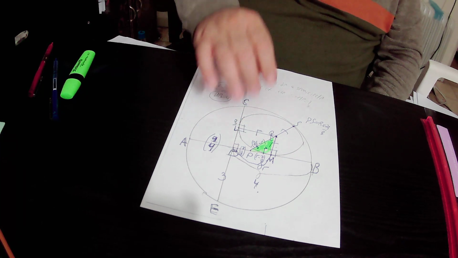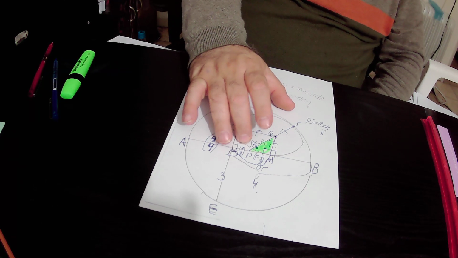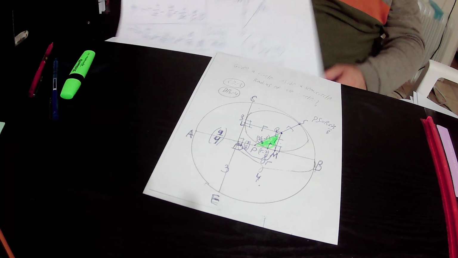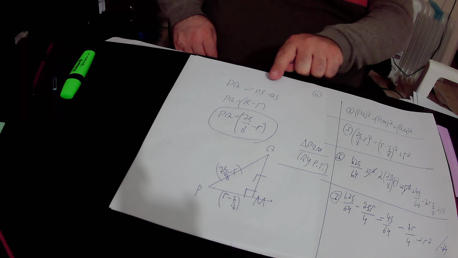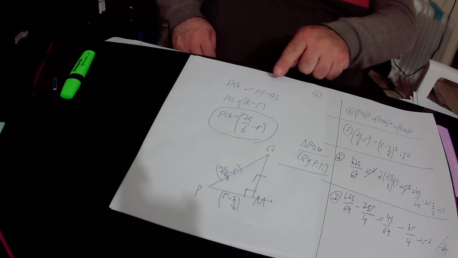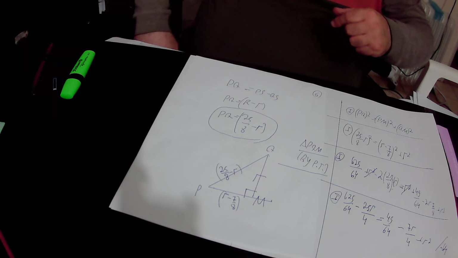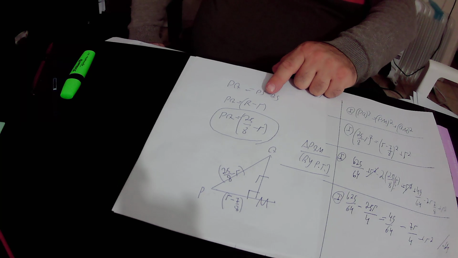And what is the value of PQ? PQ equals PS minus QS. PS equals capital R, QS equals small r. So in conclusion, PQ equals capital R minus small r.